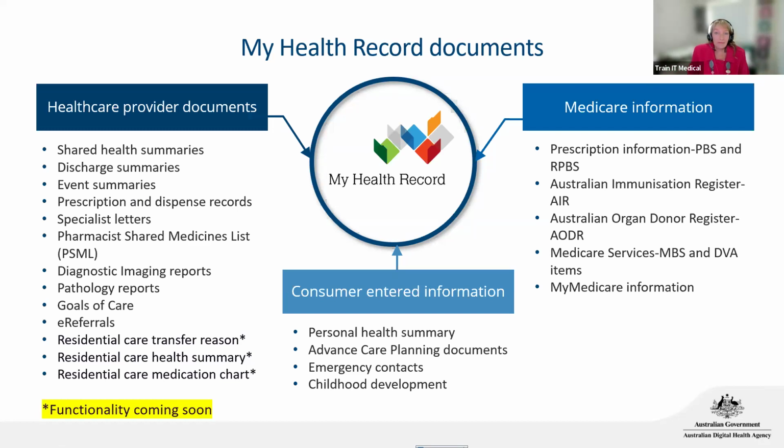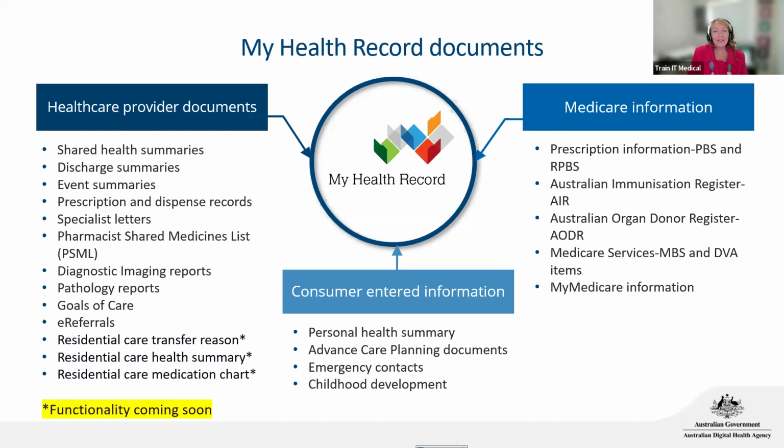Another aspect that's working really well is prescription and dispense records. Now, in all these years I've been training My Health record, the one thing that doctors have said to me is, if I could just see what they've had dispensed, that would really give me a picture. And oh my goodness, I so understand that after hearing poor sick people having to tell their stories over and over again.